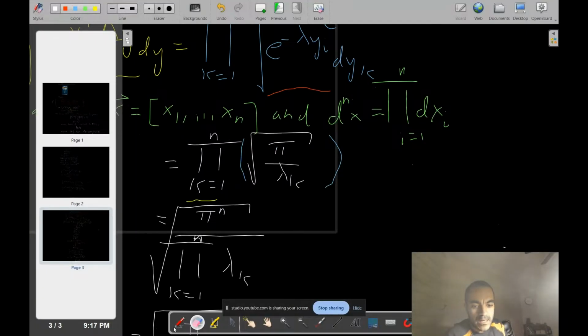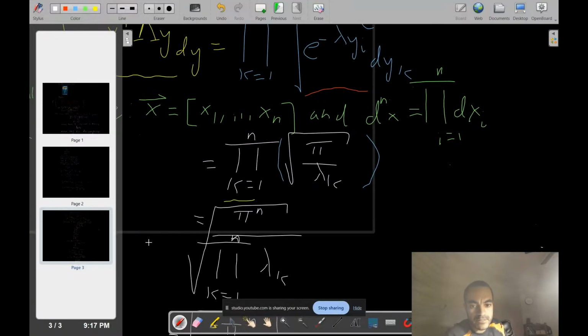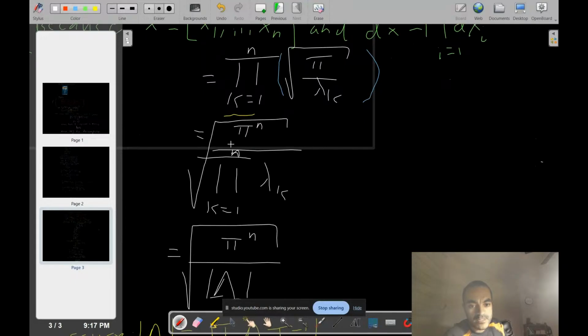So we have pi from k equals 1 to n of root pi over lambda k, and we said this gave us pi to the n over the capital pi of lambda k. Remember, we're multiplying lambda 1, lambda 2, lambda 3, all the way up to lambda k.